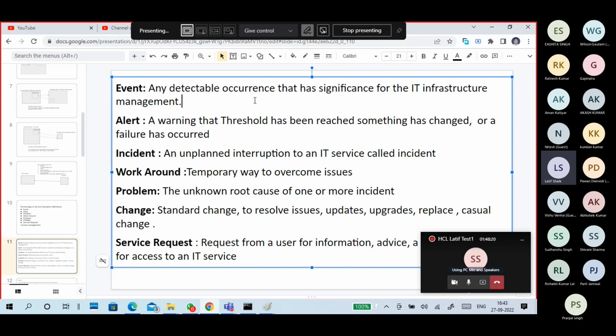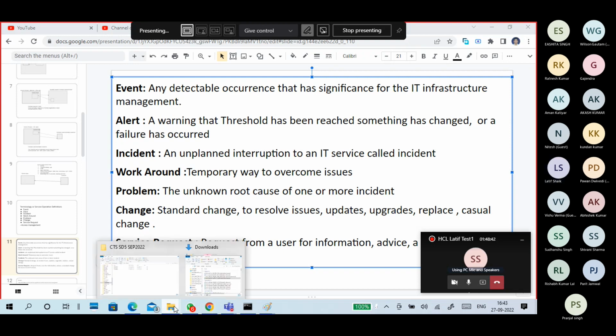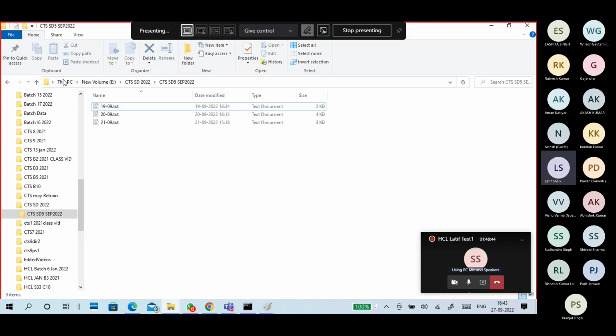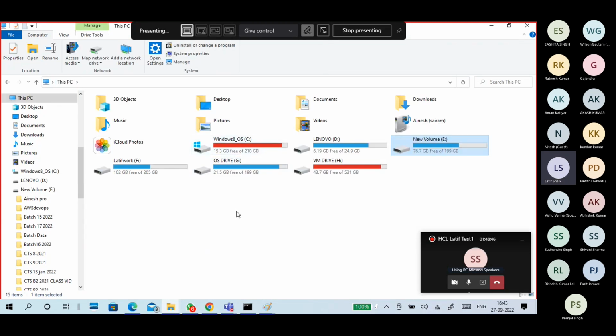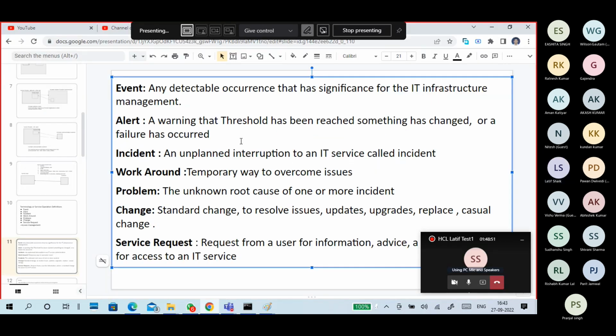What is an alert? A warning that a threshold has been reached, something has changed, or a failure has occurred. So you will get a notification, right? Like a parcel is delivered, or some warning, like my hard disk: the C drive is showing red color, meaning a warning.